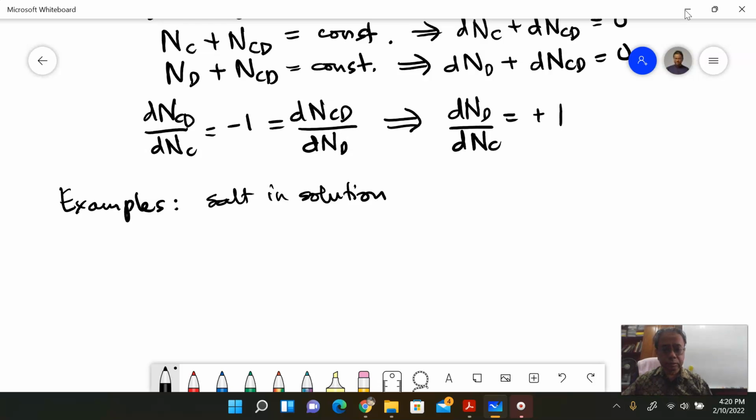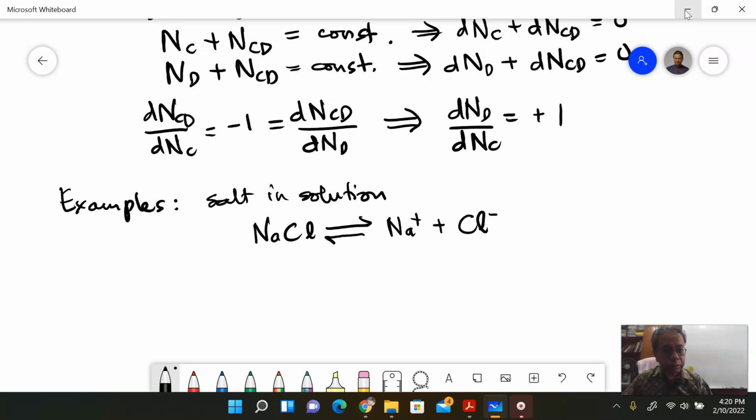So here you can have salt dissociates into Na plus ions and chlorine ions, but this can also recombine to give you the salt solution again.